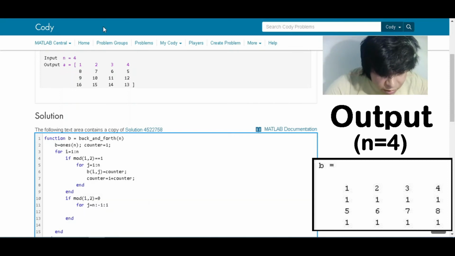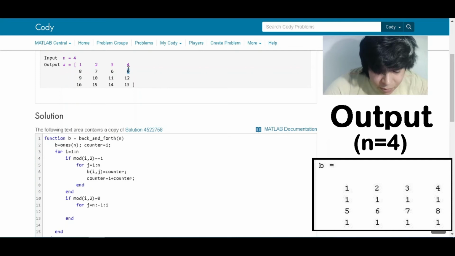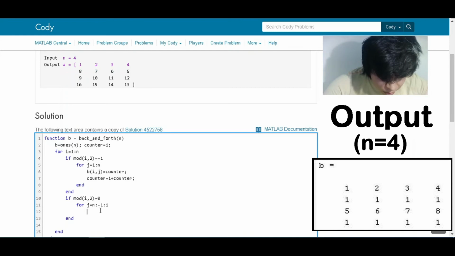So we are starting from n, and then we keep going, but with a step of minus 1. So we can start from n equals 4, and then 3, and then 2, and then 1. b of i and j is equal to the counter.